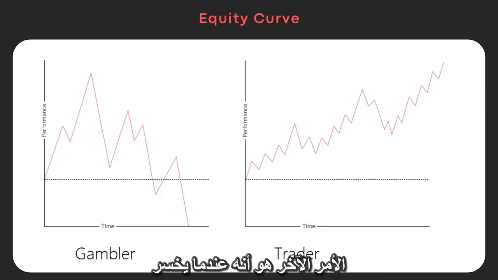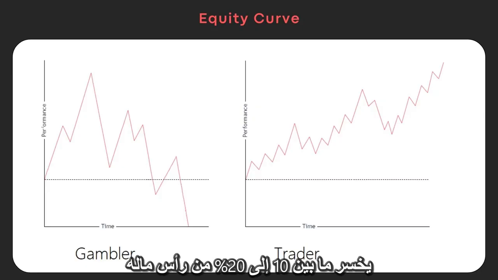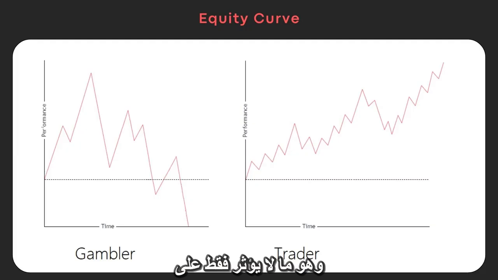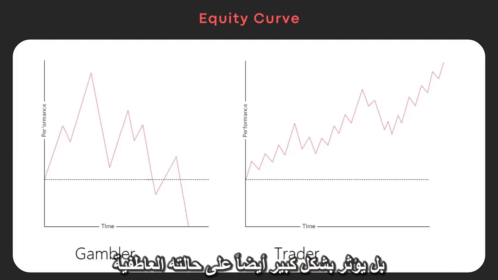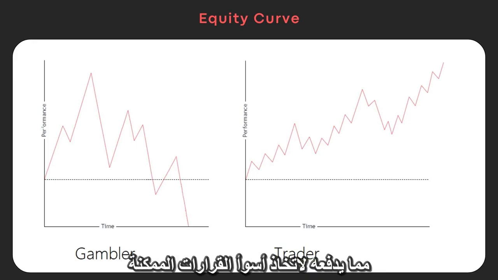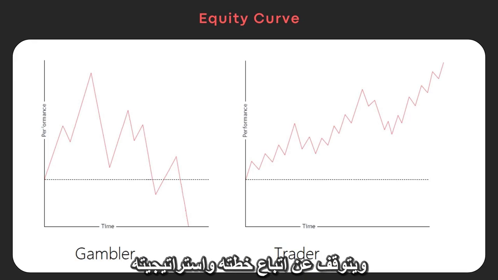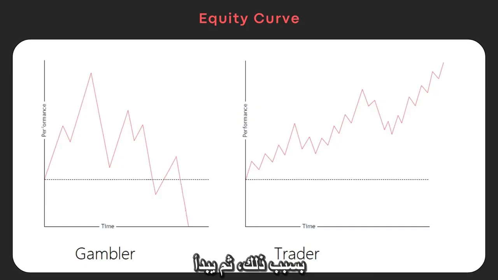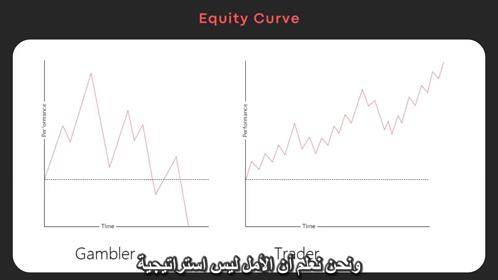Also, when they lose like 10 to 20% of their capital, it not only messes up their capital and their balance, but also hugely messes with their emotional state, which leads them to making the worst decisions possible, and they stop following their plan and strategy because of it, right? And then they start depending upon hope, and we know that hope is not a strategy, right?